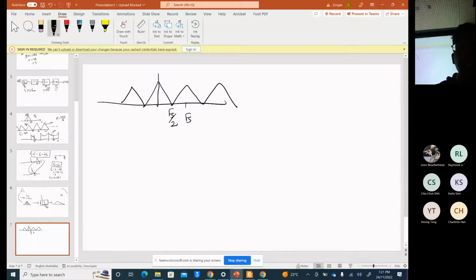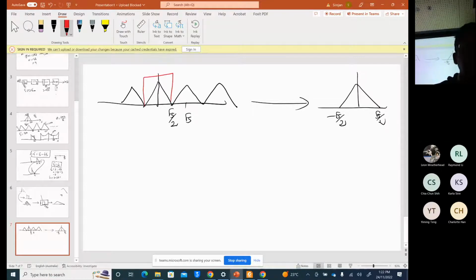But our analog spectrum is only this one, from minus fs by 2 to fs by 2. So simply how can we do this conversion? We pass it through a low pass filter. Imagine that you put a low pass filter here. When you put the low pass filter, then you get this one. So what is the cutoff frequency of that low pass filter? That is fs by 2.